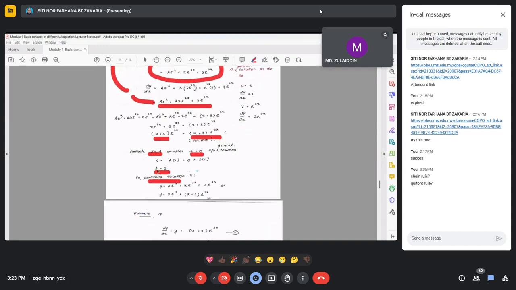So substitute a equals 2 into your general solution, and then that is your particular solution. This one. So your particular solution is y equals 2 exponential x plus 2 exponential 2x.